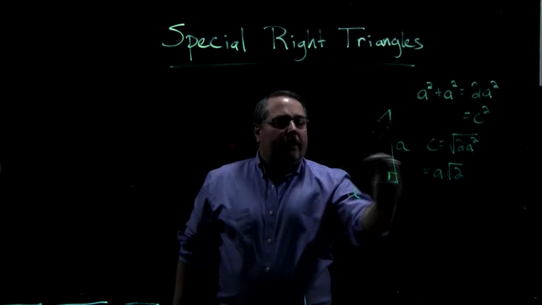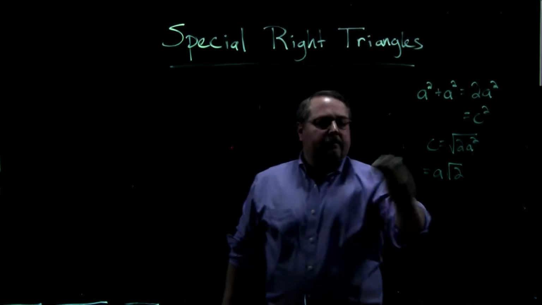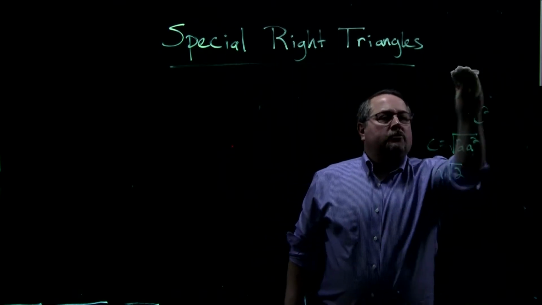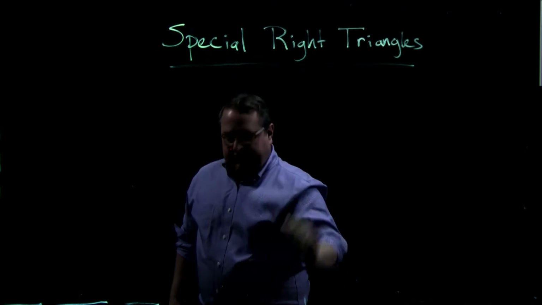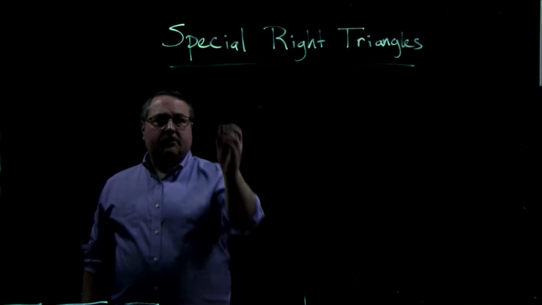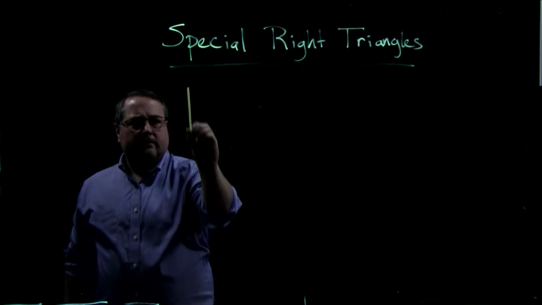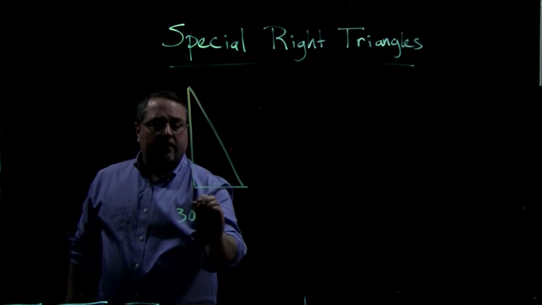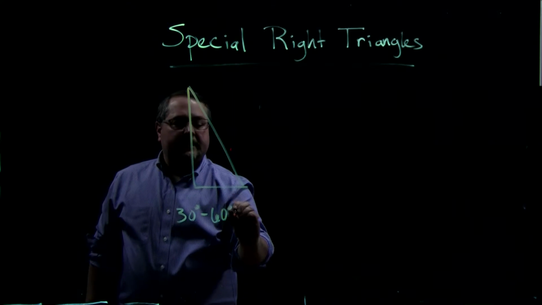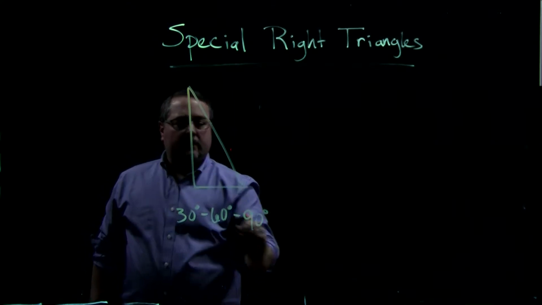Now we have one other special right triangle. And this is a right triangle which has a 30-degree angle and a 60-degree angle in it. So this is going to be the so-called 30, 60, 90 right triangle.